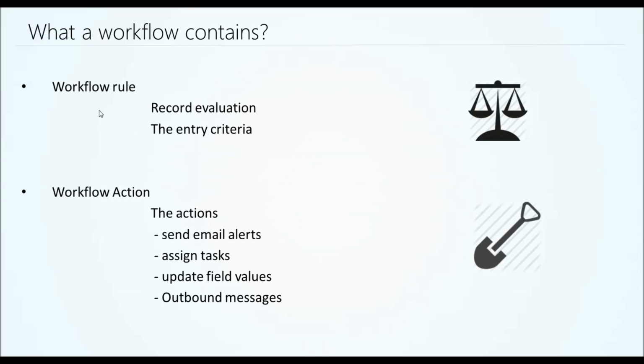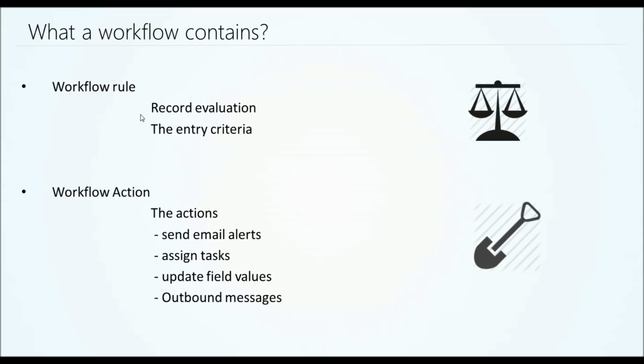In the workflow rule, there are two things: the record evaluation and the entry criteria. Consider our recruitment app. In the recruitment app, if we want an email alert for every newly opened position, then in this situation the record evaluation means when a new position is changed to open, then we want to send an email alert.